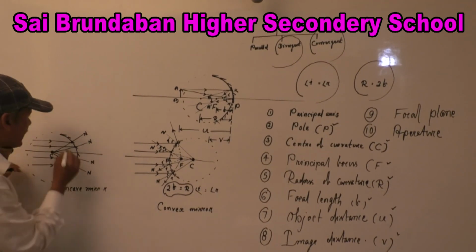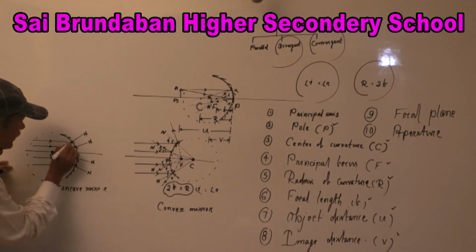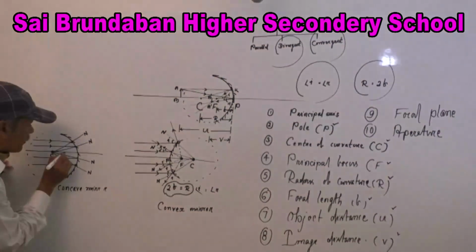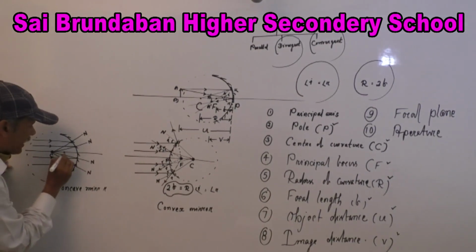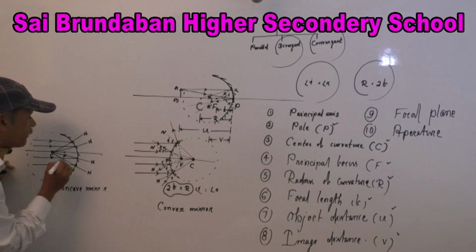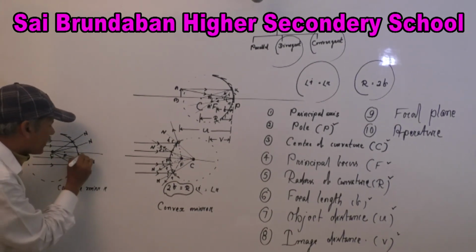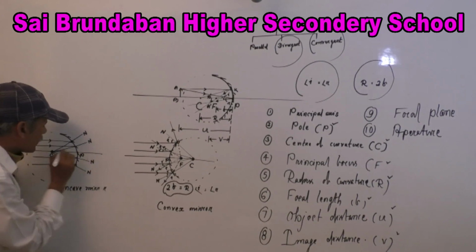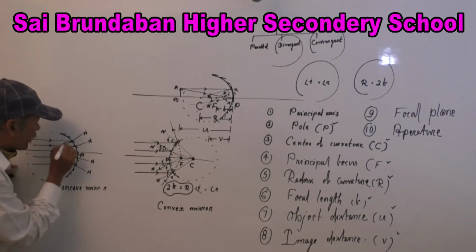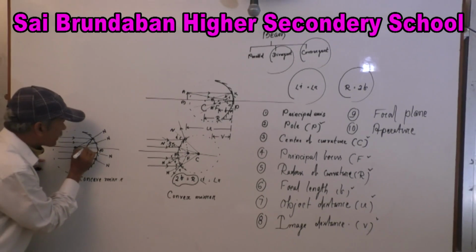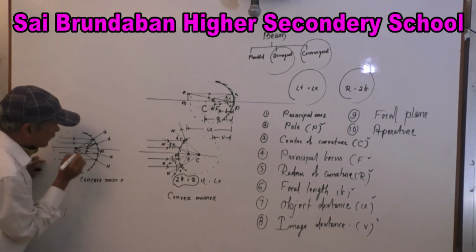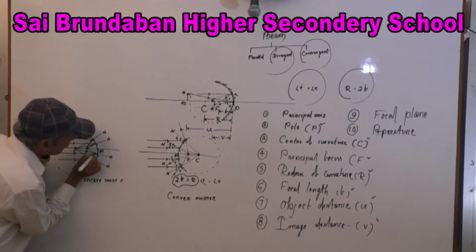You just join, no doubt here will be F. F is the principal focus, midway between the center of curvature and the pole. So it is the midway. Join it up.